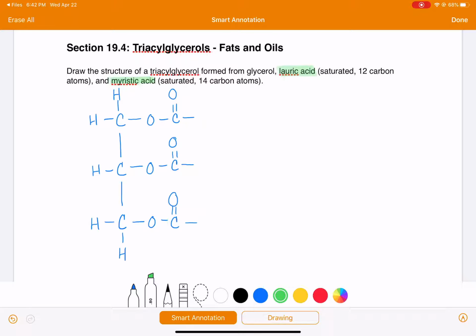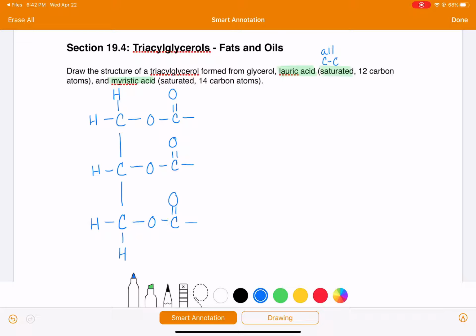And it's also describing what lauric and myristic acid look like, so we don't have to look the structures up, which is nice. Lauric acid is saturated, which means that it has all carbon-carbon single bonds, and there's 12 carbon atoms. And myristic acid is also saturated, so it also has only carbon-carbon single bonds, and this one has 14 carbon atoms. So we're ready to draw these.